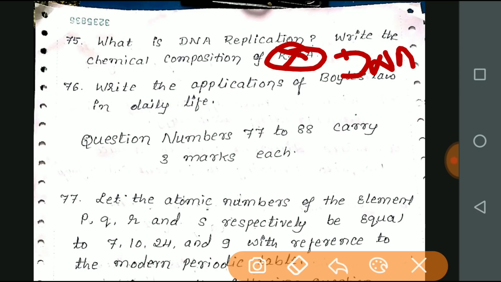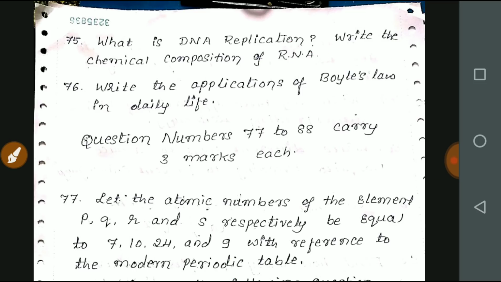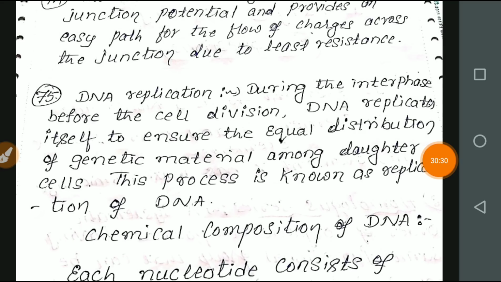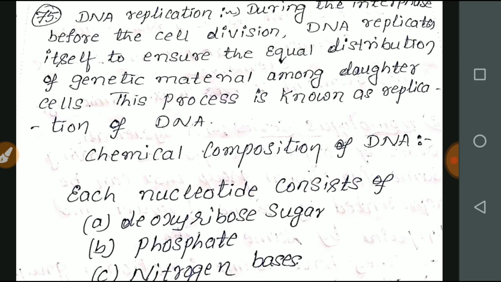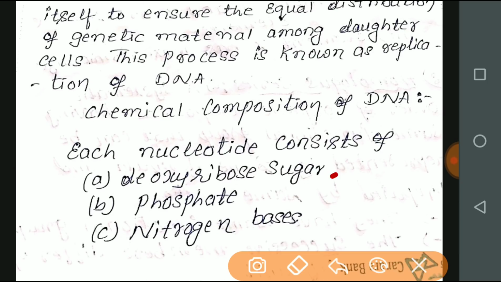DNA replication means during the interphase before the cell division, DNA replicates itself to ensure the equal distribution of genetic materials among daughter cells. This process is known as replication of DNA. Now, chemical composition of DNA. Each nucleotide consists of deoxyribose sugar, phosphate and nitrogen bases. So these are the chemical composition of DNA.